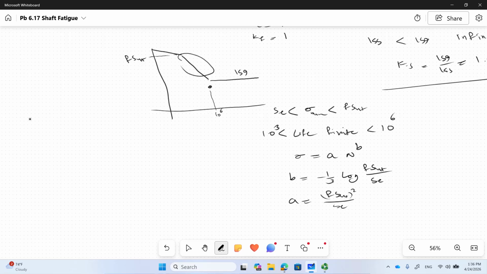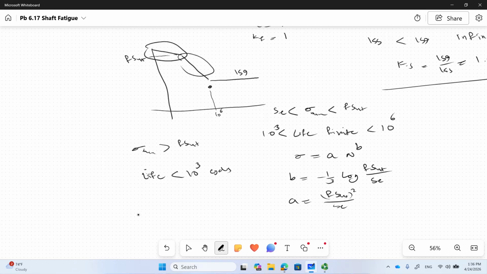So that's one case. But what if the stress was actually higher? If sigma max was higher than f SUT, then I'm falling here. In that region, you just say, I'm going to have finite life, and life is shorter than 1,000 cycles. That's it. You're done.